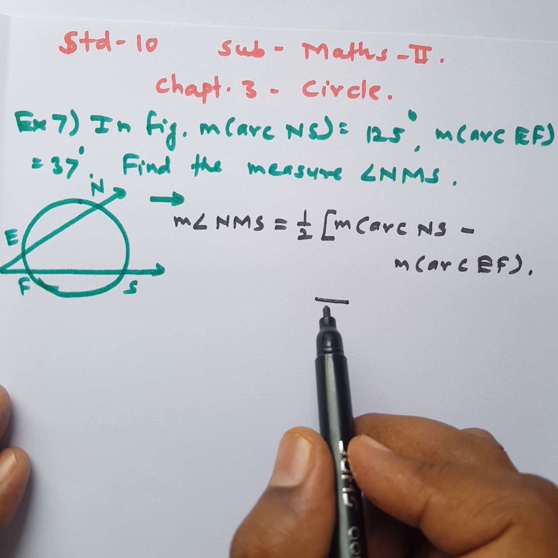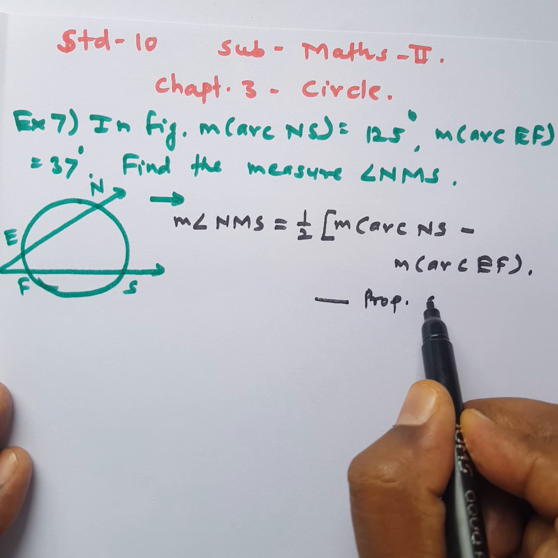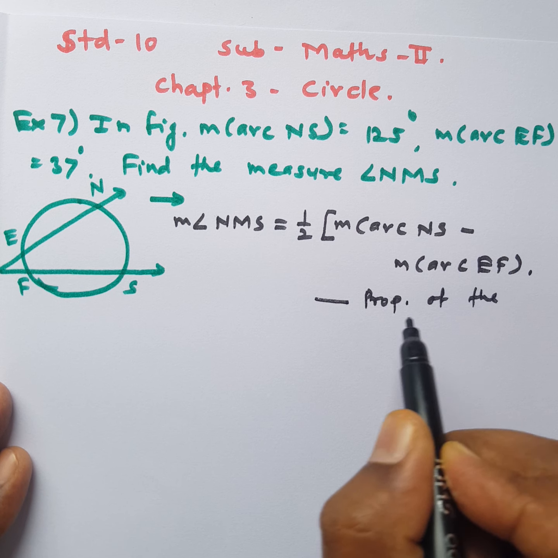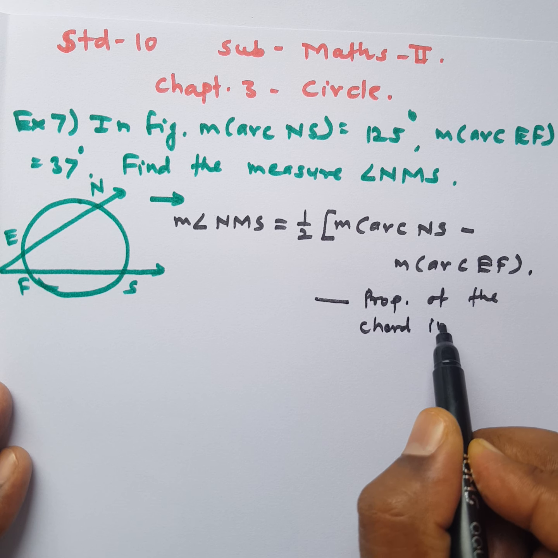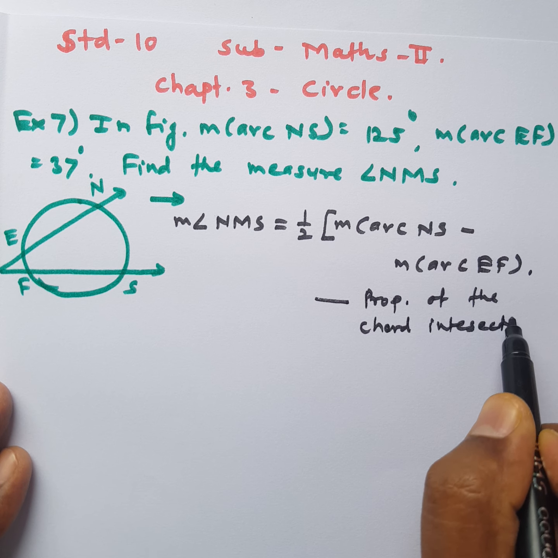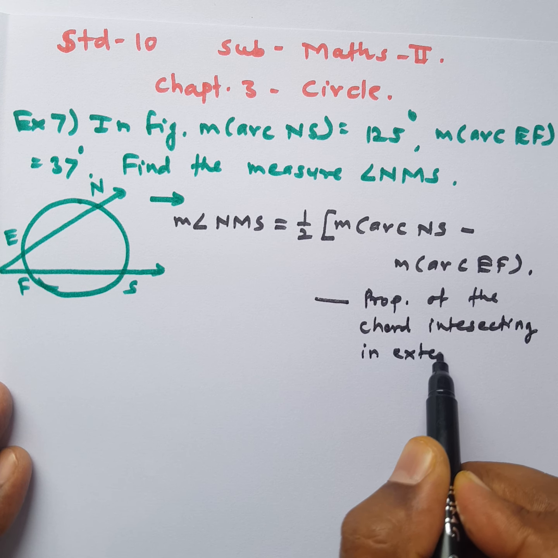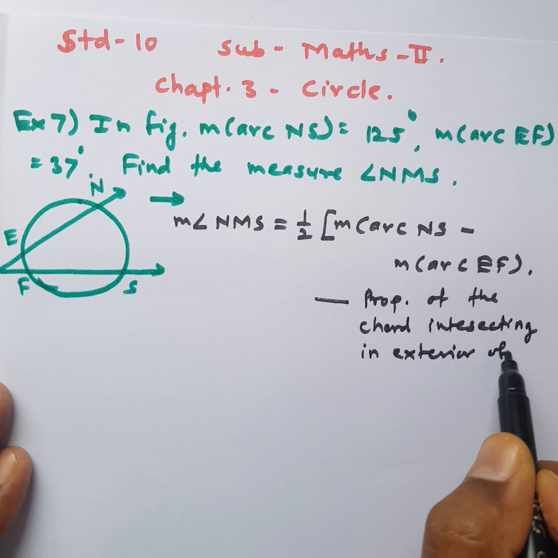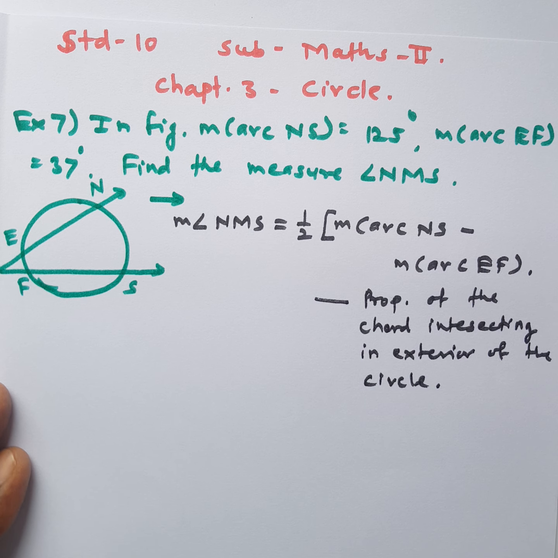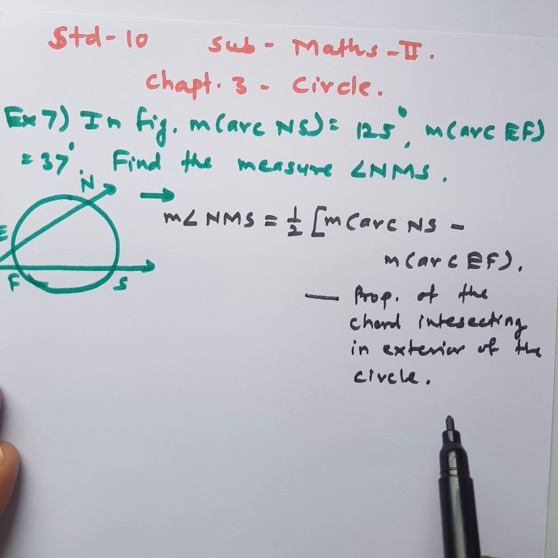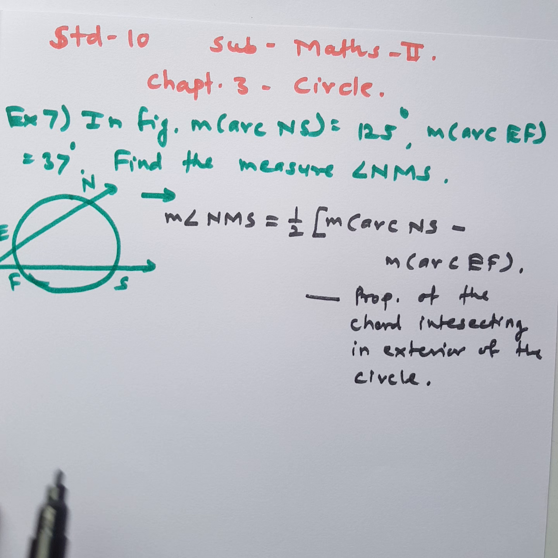We have seen the property of chords intersecting in the exterior of the circle, or we can simply write here property of intersecting chords.